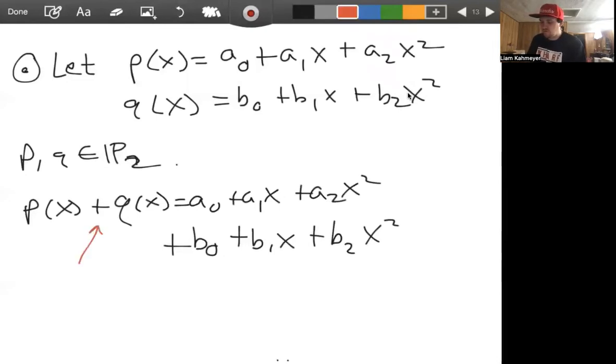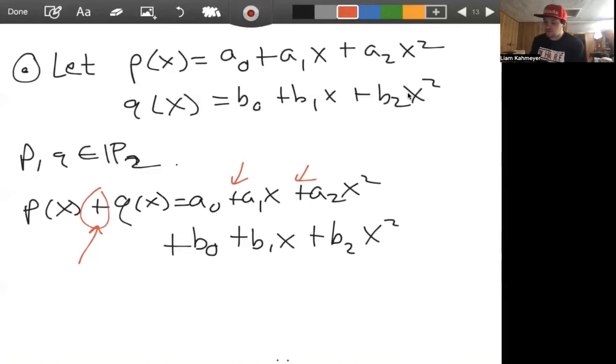We're trying to prove that it's closed under addition for this sum. This is a different addition that we already know how it behaves. These are all real valued things, and we know how addition works in the reals.